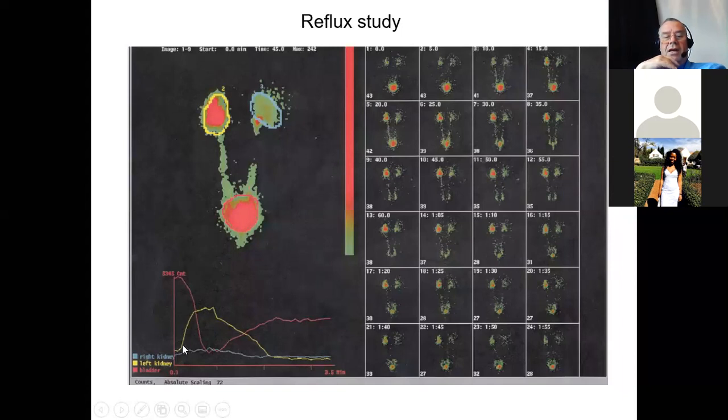So as the bladder pressure increases as they're voiding, this left kidney fills and then empties. So that's a grade 3-4 reflux. You can't tell between 3 and 4 because you don't have anatomy. The other kidney, the right kidney, which is the blue line, stays flat. So that's not refluxing. So that's a very gross reflux, and sometimes it's a lot more subtle than that, but you can see good reflux.